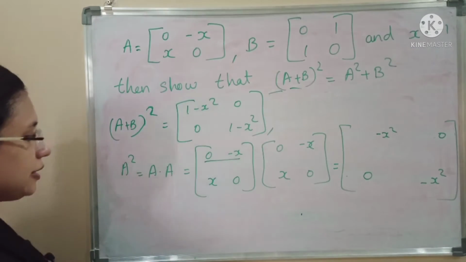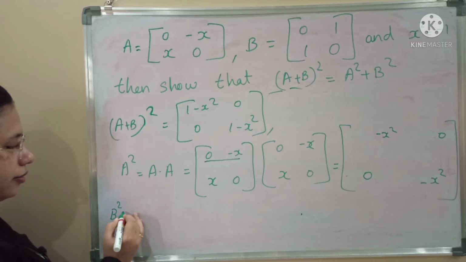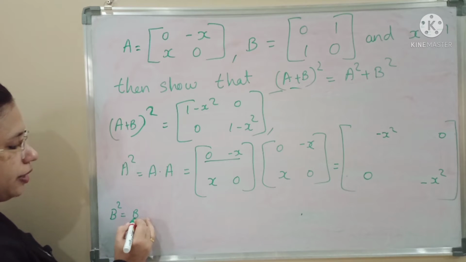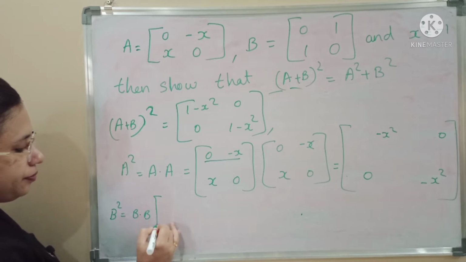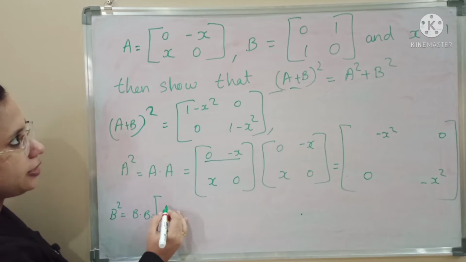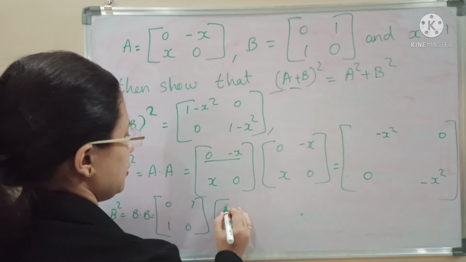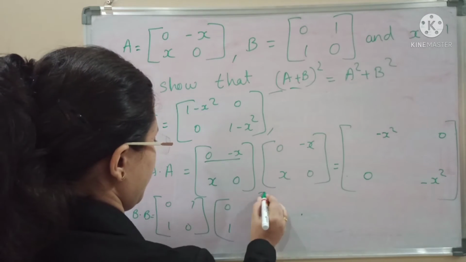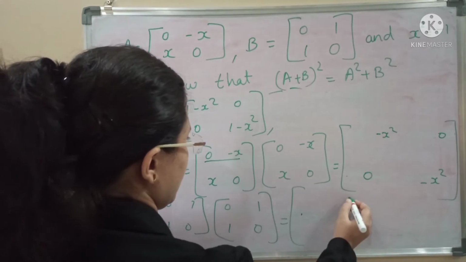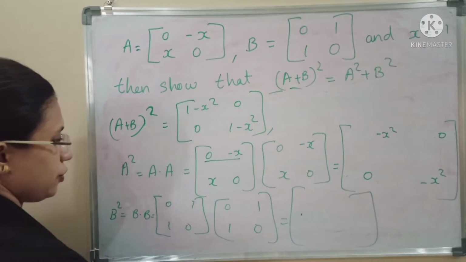Fine. Now let's find out b square. Okay, so b into b. So b is 0 1 1 0, times 0 1 1 0. Okay, so let's see the matrix.